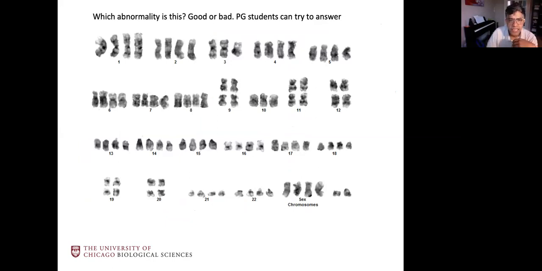Okay, PG students, this is the karyotype of a patient with ALL. Can any of you tell me what abnormality this is? Of all the abnormalities we looked at, what is it that we see here?